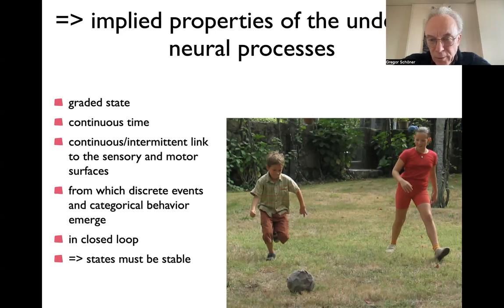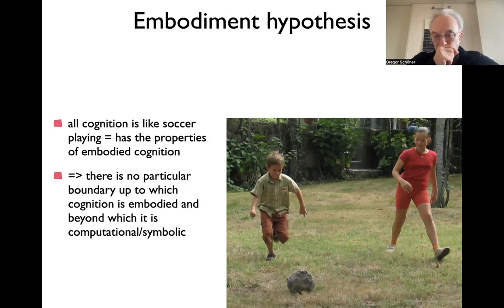So the idea that there would be graded states, meaning continuous state spaces, that time would be continuous, that you could intermittently or continuously link to sensory or motor processes, and that therefore discrete events in time and categorical behavior emerge. But the whole thing happens in closed loop, and that requirement, implying that you need stable states and so on, might make a lot of sense to you now, right?